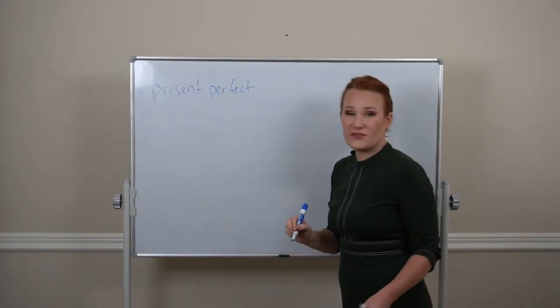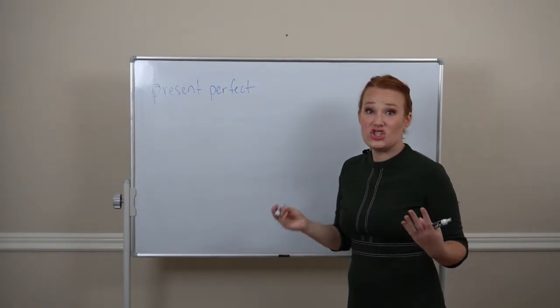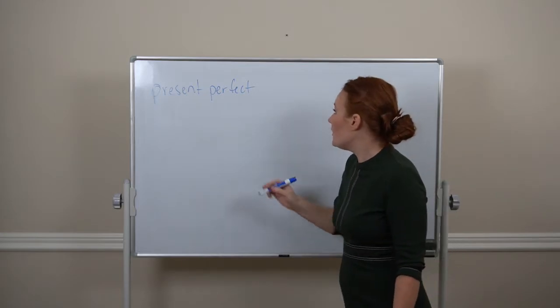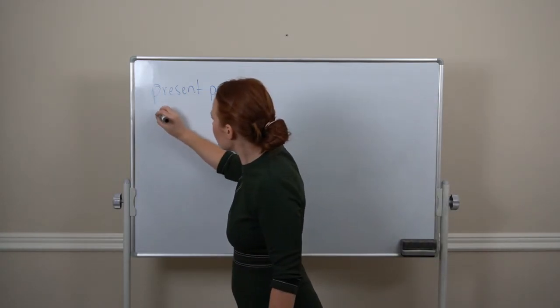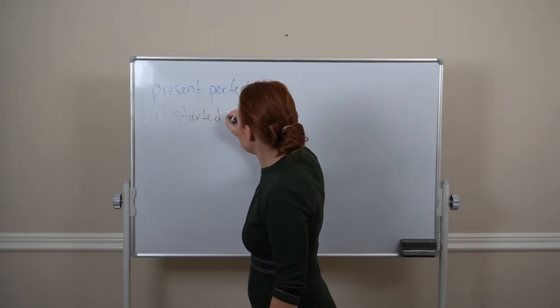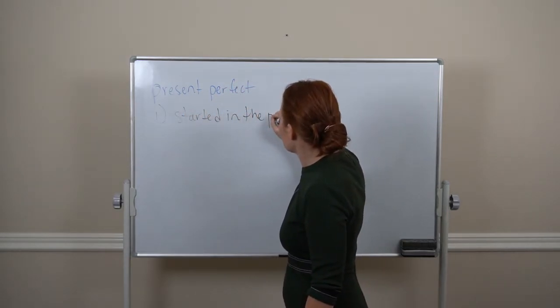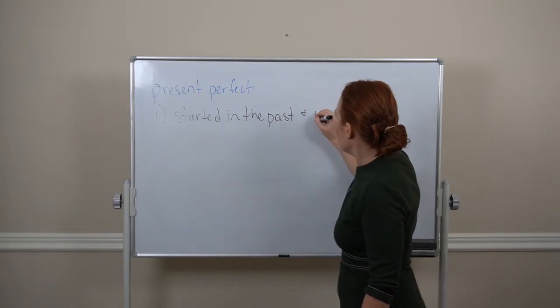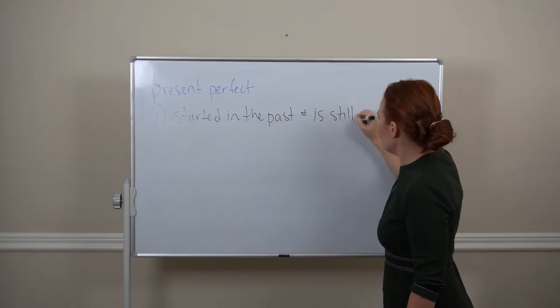So we use present perfect kind of in three general situations. First, something that started in the past and is still true.